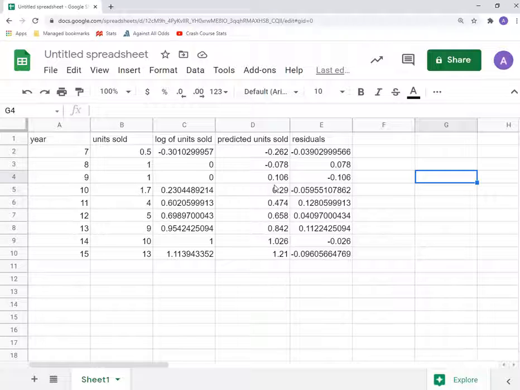How do you know if it's good or not? Is your residual plot kind of better? Okay, then, yeah.